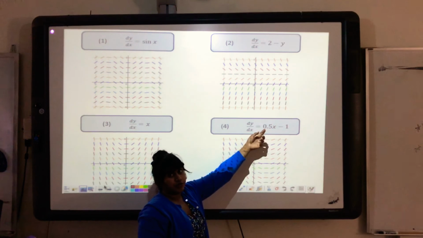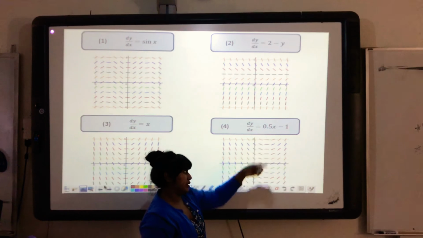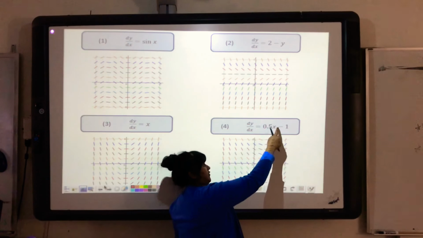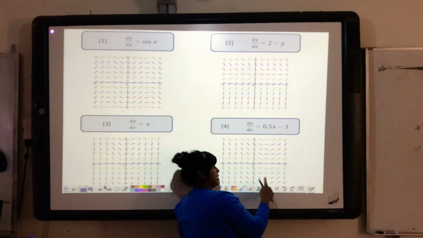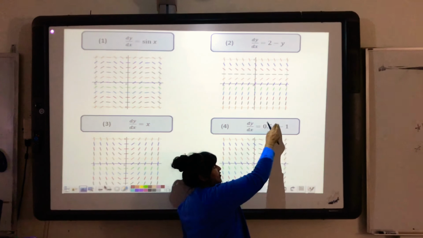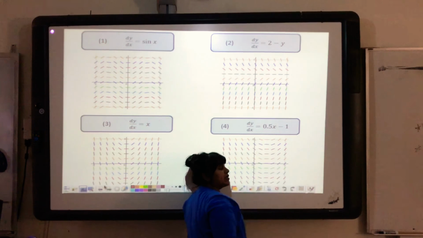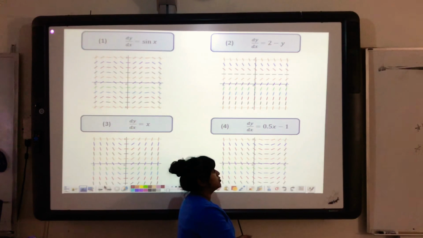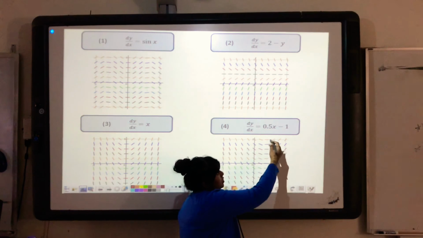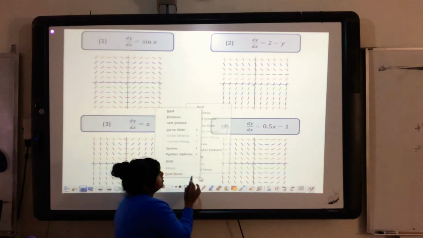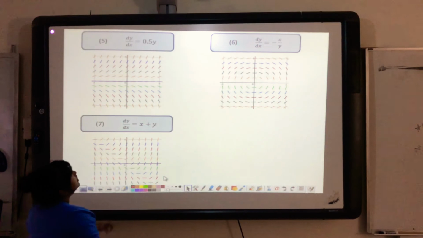It's a pretty standard linear equation right there, 0.5x minus 1. But now I just got to figure out where is it going to equal 0? Well, I have to make this equal 1. So 0.5x equals 1. So x must equal 2, right? 2 times 1/2 equals 1. So look at this. X equals 2. It's all zeros.